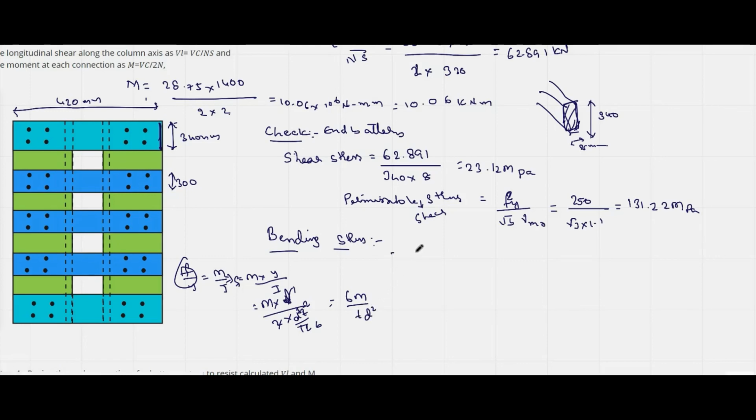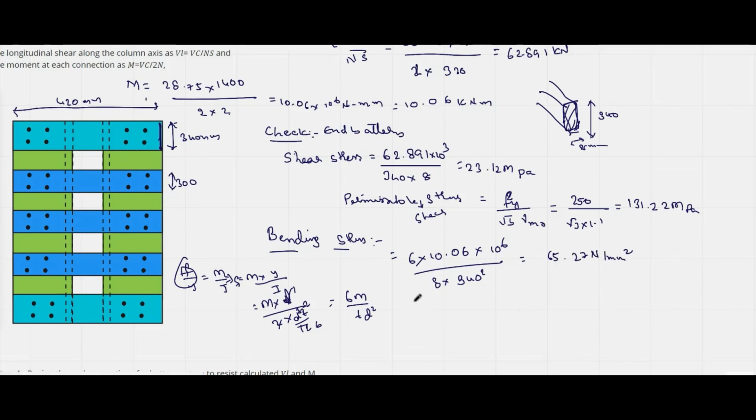Now let us calculate the bending stress. 6 into moment. Moment was across 10.06 into 10 to the power of 6. Here I can convert the values from newtons to mm, divided by thickness, which is 8, into depth square, which is 340 square. So the bending stress here will be across 65.27 newton per mm square.